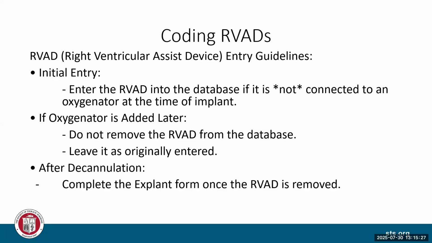So RVAD goes in, 1 day later, oxygenator is attached. You don't need to do anything. And then you just leave it as is. And then once the RVAD is decannulated, you complete the explant form and select device type RVAD for it to be removed. So those are our coding instructions.